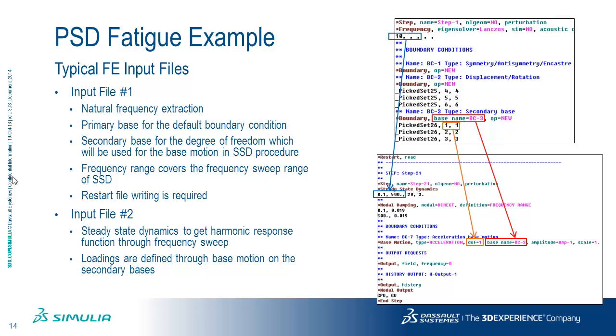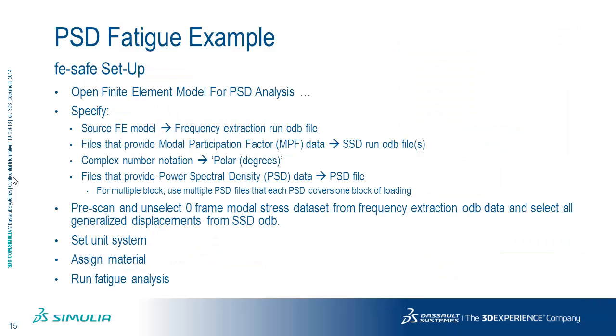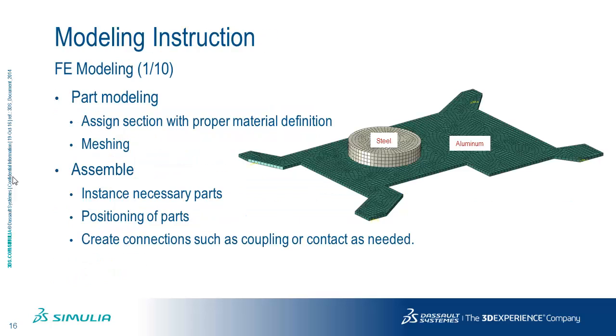So by using those 2 input files, you can get the modal stress and the generalized displacement from Abaqus. Then in FE-safe, you can assign those 2 files through the user interface, and also the PSD file. Then you can follow the regular FE-safe fatigue calculation workflow to get the fatigue life and damages.